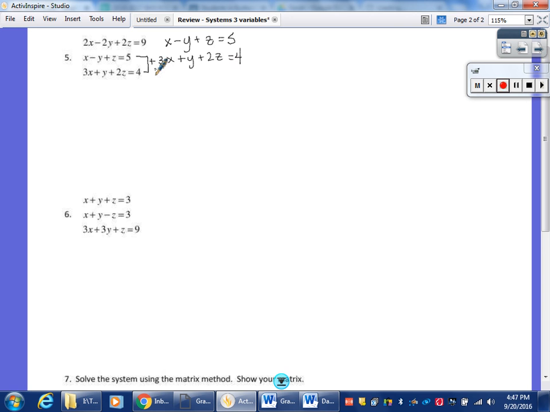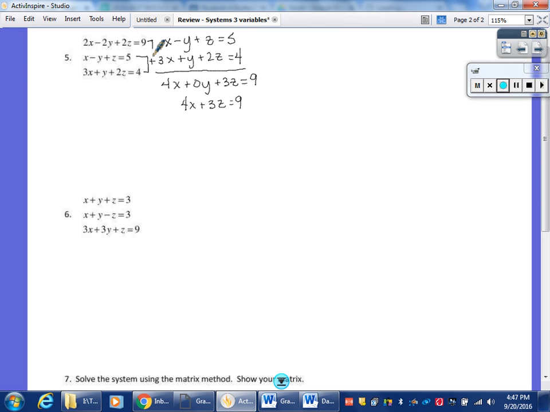And I'm going to add these 2 equations together. And when I do that, I get 4x plus 0y plus 3z is equal to 9, or 4x plus 3z is equal to 9.